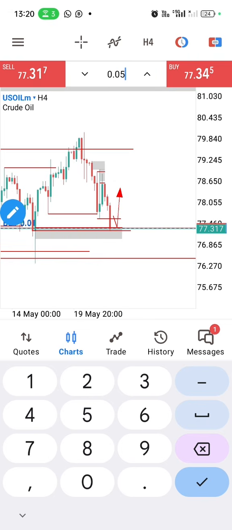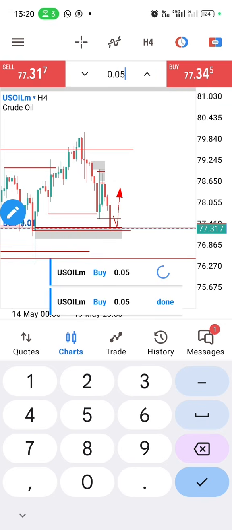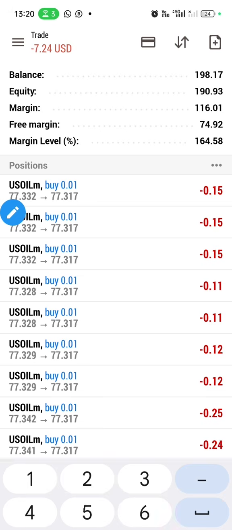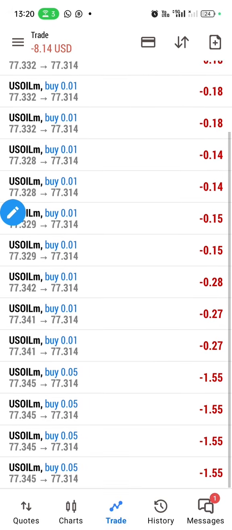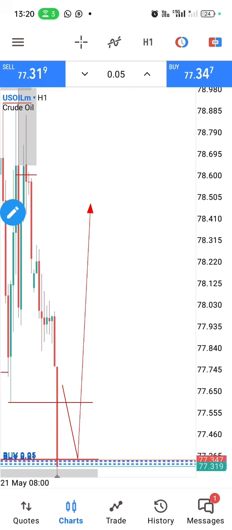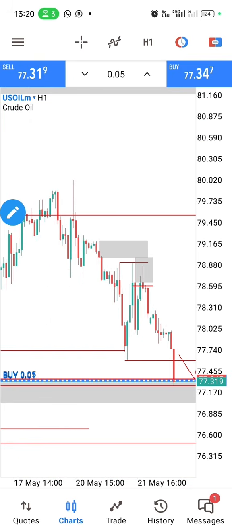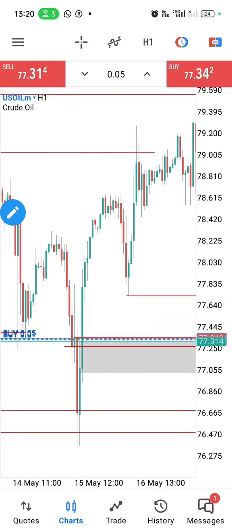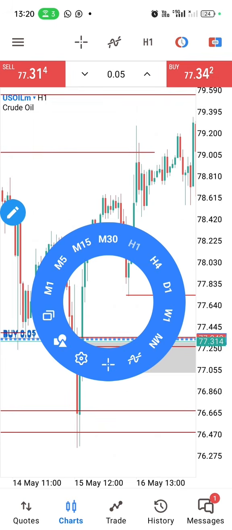So that was my plan. I risk about 100 USD, and then later on, as it shoots up, I find another place to re-enter the buy. This is my first entry on the 1 hour order block that we had planned.